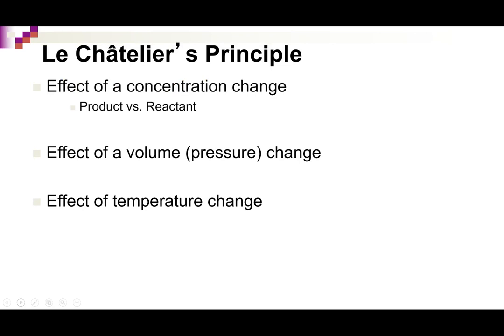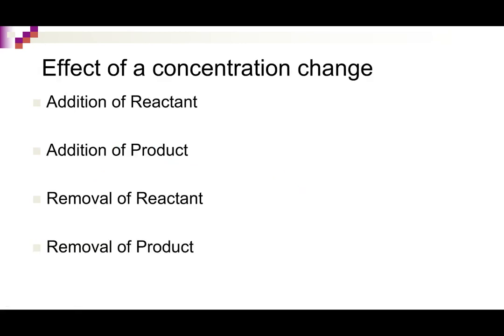So we're going to look at, there's three that the textbook proposes. We're not going to look at the middle one. We're just going to focus on concentration and temperature. Okay. So effect of the concentration.